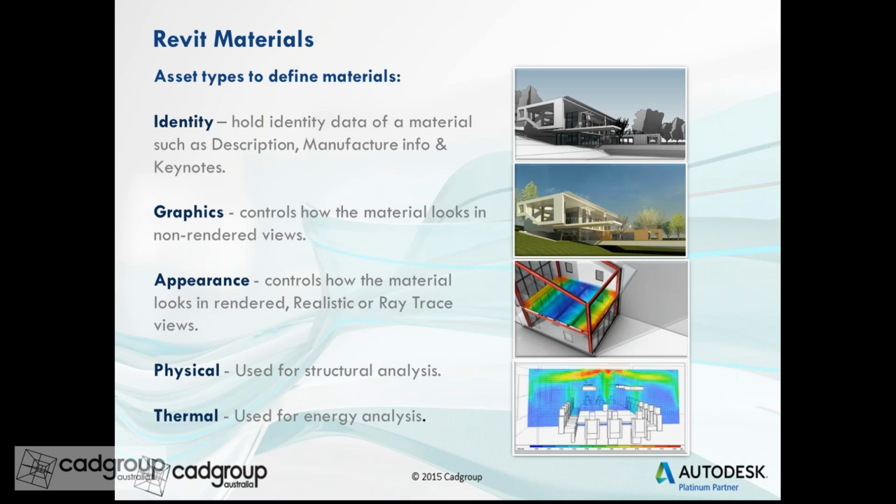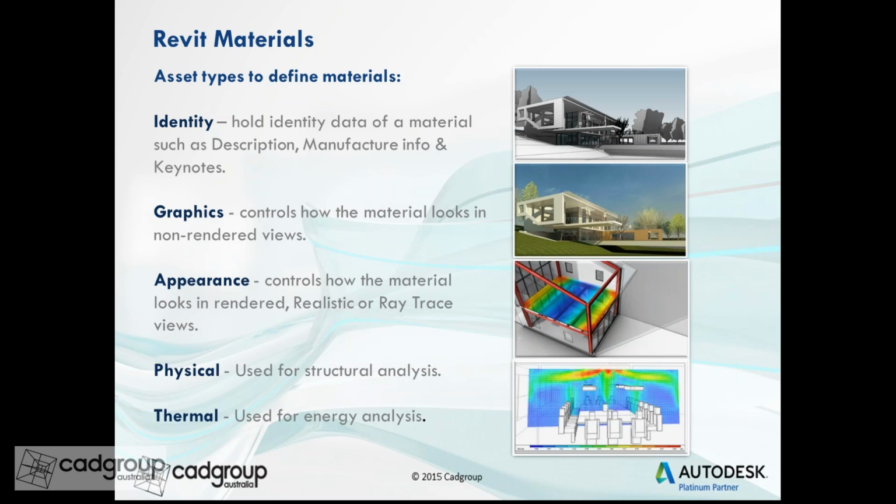Most of us know the identity, which basically holds identity data of the materials, such as description, manufacturing information, or keynotes, which will be pretty useful if you are going to do a material takeoff, where you can add information like the cost per square meter, the manufacturer, the URL, etc. And that can be very useful for material takeoff, and you can get an estimated value as well as a paint area, etc.